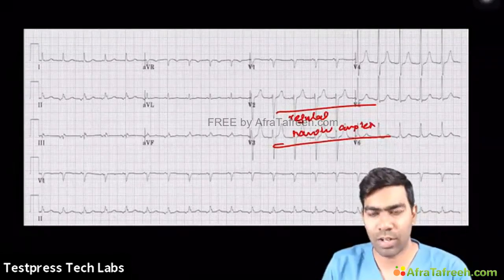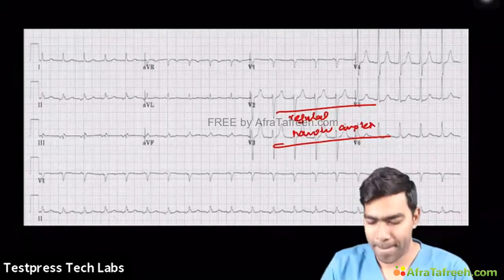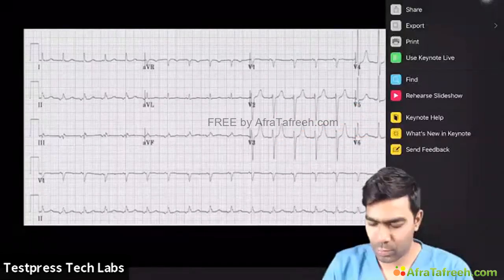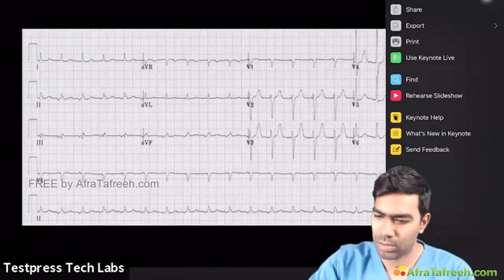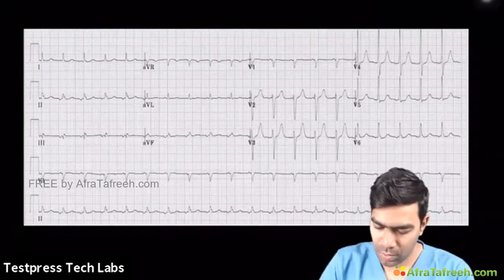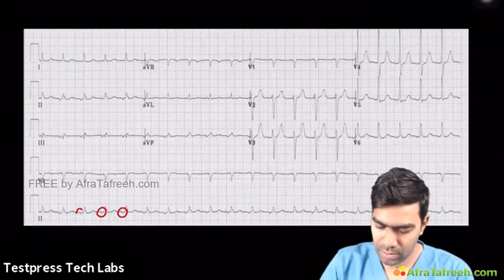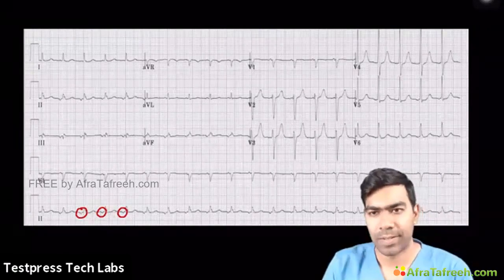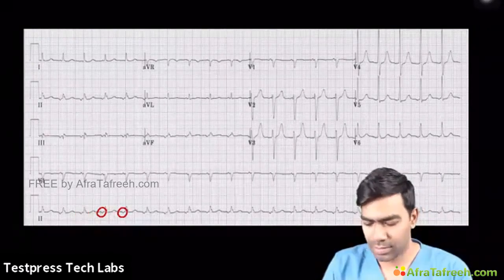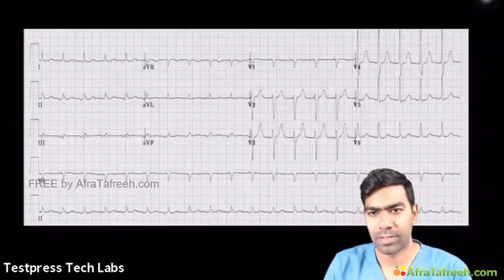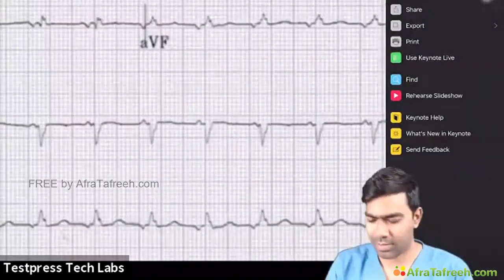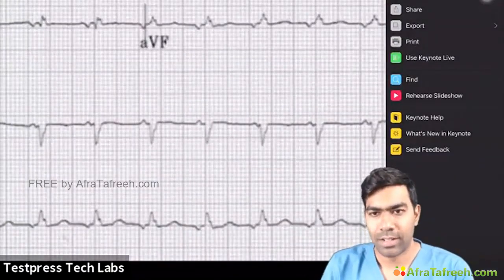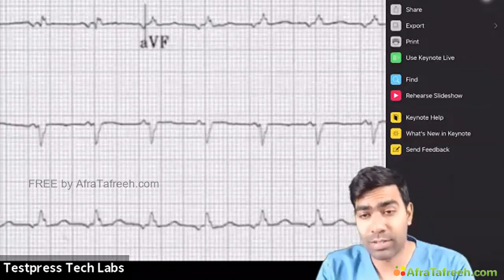I think you're not able to see. What are these then? Are you seeing P waves before the QRS?